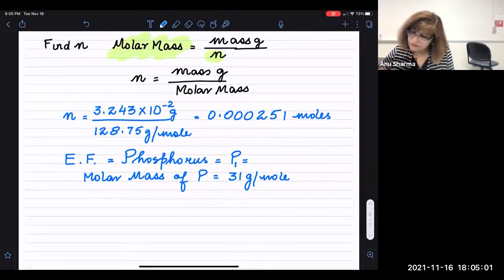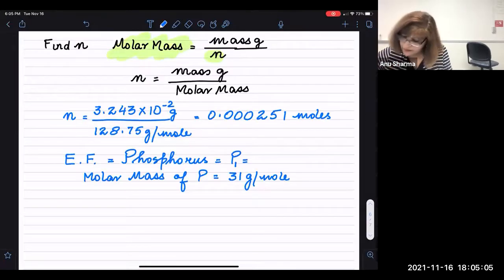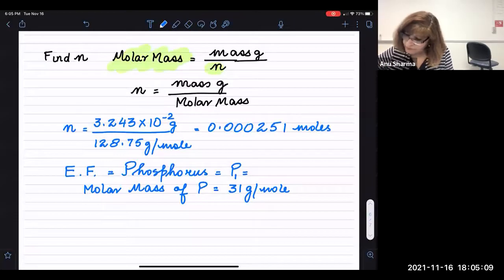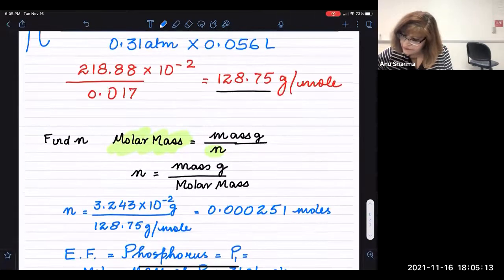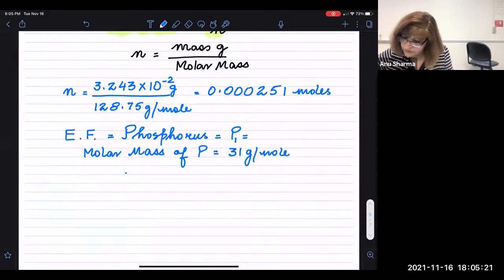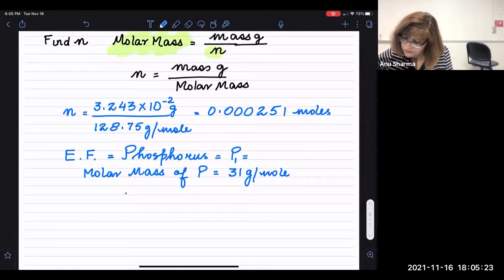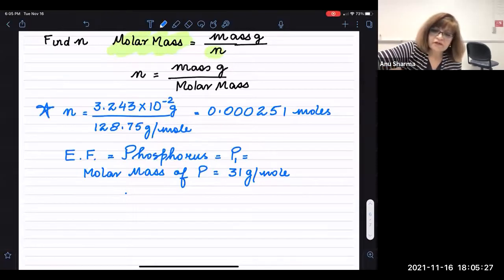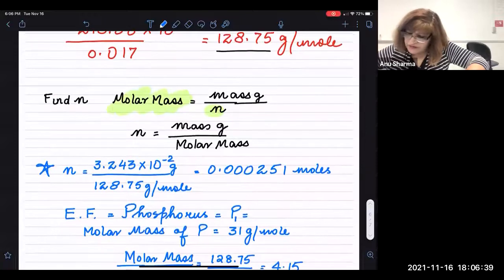Okay, so now you are taking these, just a minute. We got the molar mass is 128.75. So what are these moles? One second. Okay, so discard this.